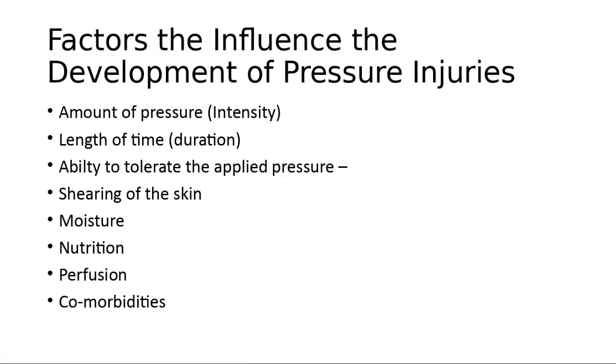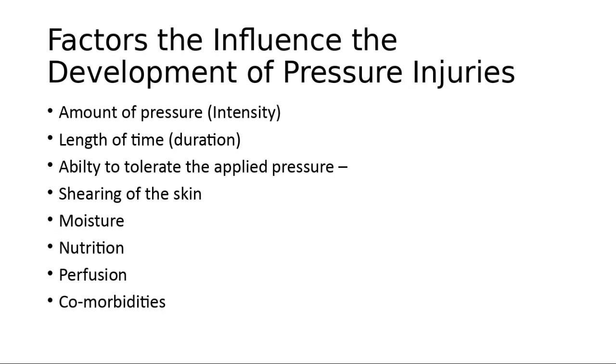So factors that influence the development, again, we talked about the amount of pressure or the intensity, how long they've been there, ability to tolerate the applied pressure. Are they one that tends to have a lot of moisture going on, right?